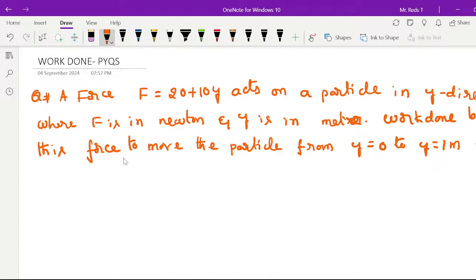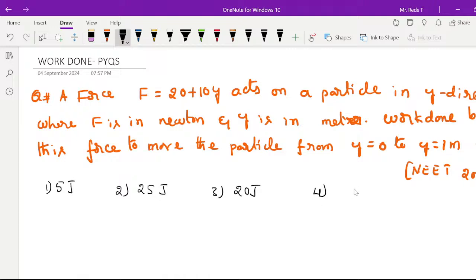So it is a neat 2019 question. Right, let us see how to do it quickly, and you can mark down the options as well. First option says 5 joule, second option says 25 joule, third option says 20 joule, fourth option says 30 joule.